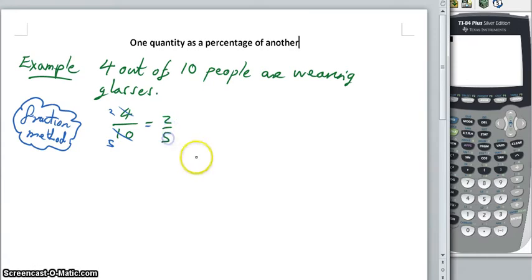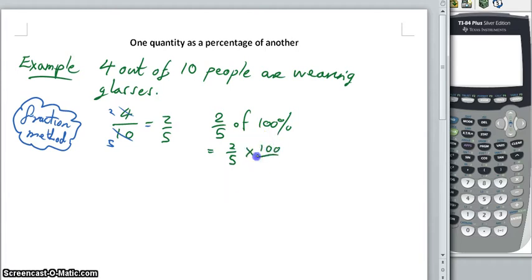So 2 out of 5 people is the same as 4 out of 10 people. Now we've got 2/5 of what? Well, the class is 100%. So we've got 2/5 of 100%. That can be written as 2/5 times 100, the 'of' meaning the times idea.